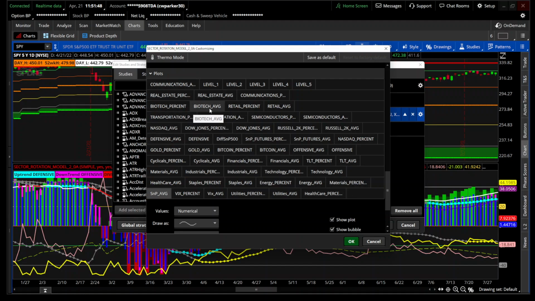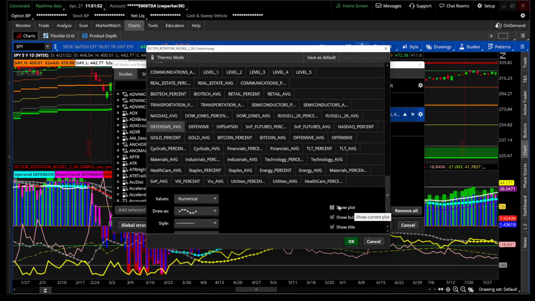So I'm going to remove the defensive average, defense, and offensive average, offense. I'm going to remove energy as well.